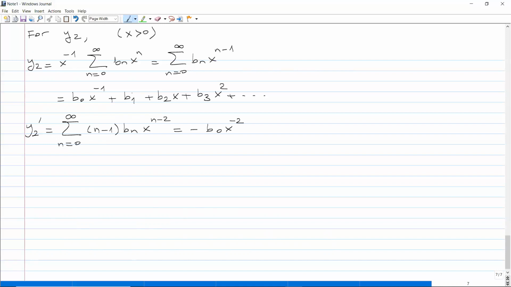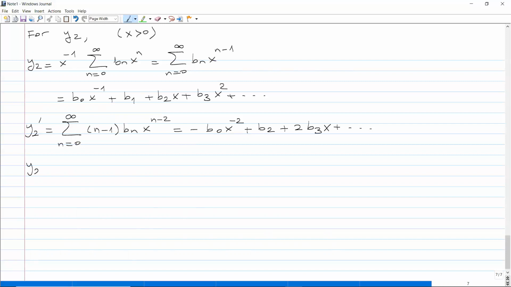You see above, the second term is b1 constant, so the derivative is going to be 0. And then next term for n equals 2, I have b2 and x to the power n minus 2, when n is equal to 2, x to the 0 is 1. So that term is again constant, but the first term is never constant. And the next term, n equals 3, 2 b3 x, and so on.